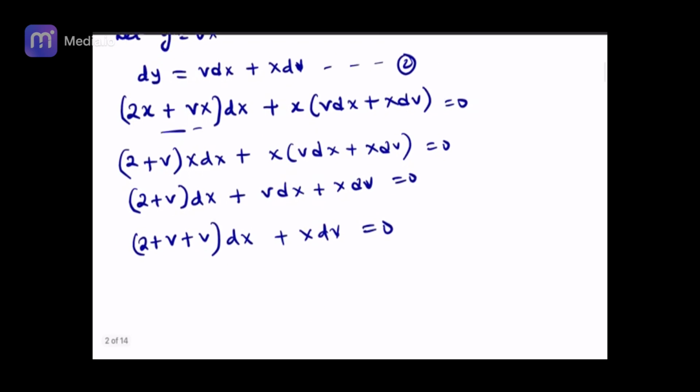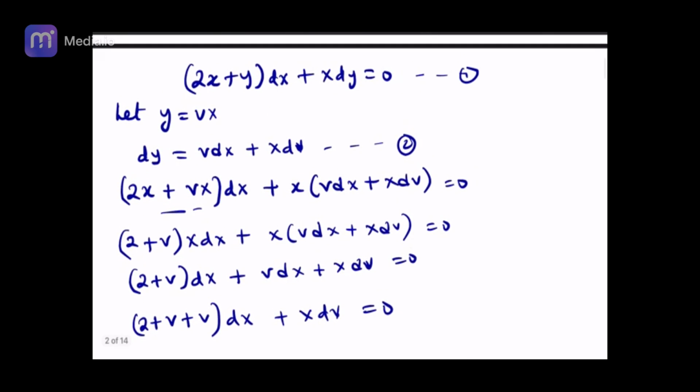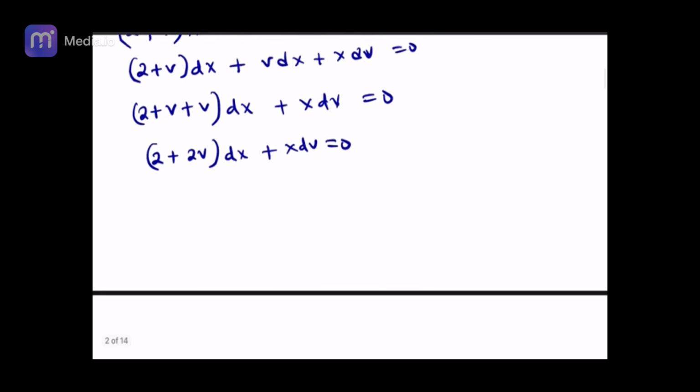Now, you would notice that the equation has been reduced to a variable separable equation in x and v. It used to be an equation in y and x, and now it is an equation in x and v, which is separable if we look at it. So we can simply write that this is (2 + 2v)dx + x dv = 0.